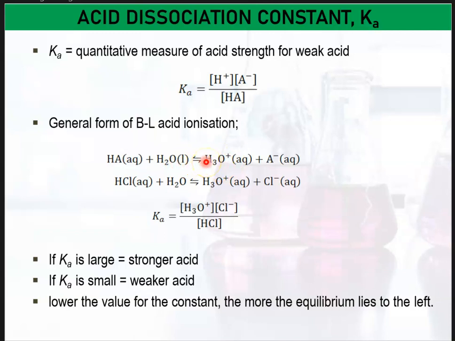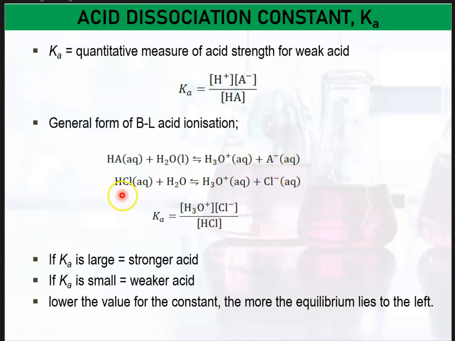But if we write for weak acid, we write this equilibrium or reversible reaction arrow. So this is the general form for acid ionization. HA reacts with water to give H plus A minus, or hydronium ion plus A minus.